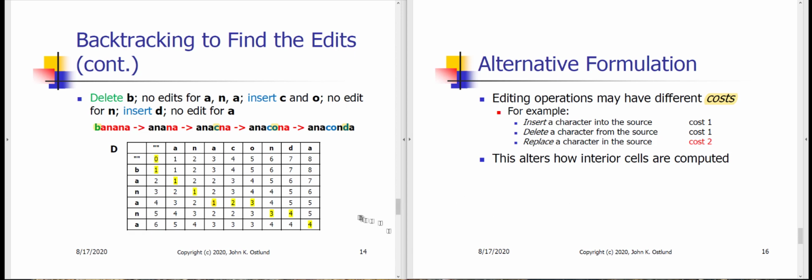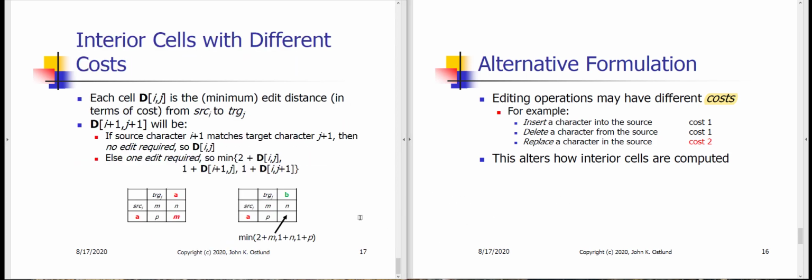Now our formula is going to change. And so if it's twice as expensive to do a replacement, then if we don't have to do any editing at all, that's still free. So if we have the next 2 characters to extend the target prefix and the source prefix, if those characters are the same, then it's 0 cost to extend those 2 prefixes.